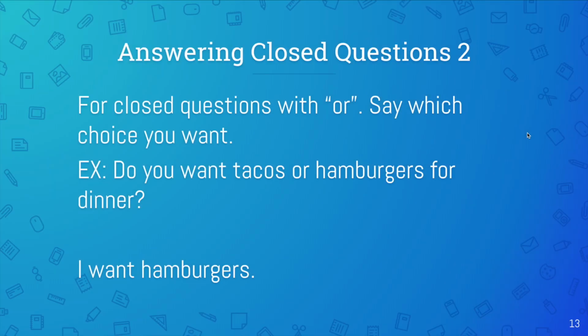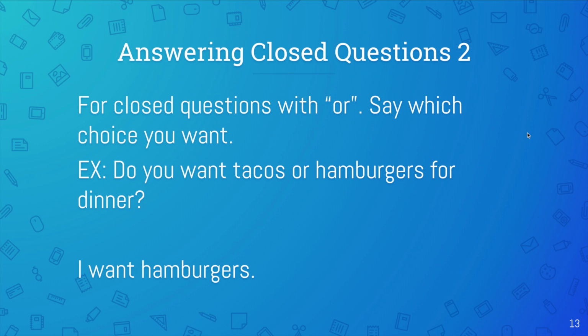But there is one type of closed question that you need a different answer for. If the question gives you more than one choice or option and uses the word or, you answer this question by saying the choice or option that you want.